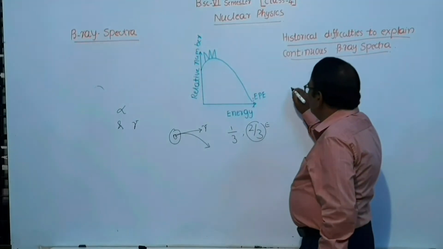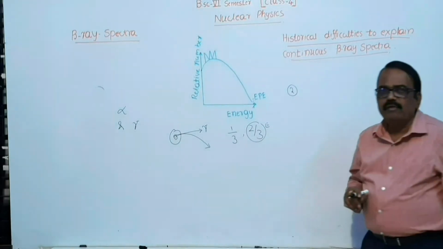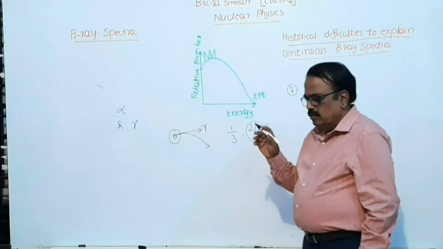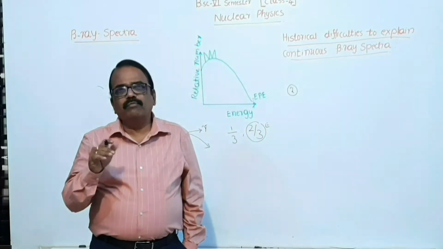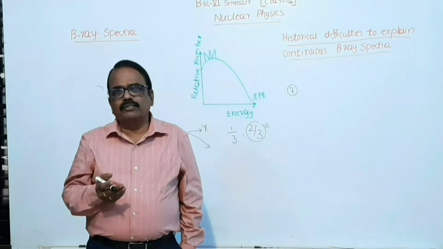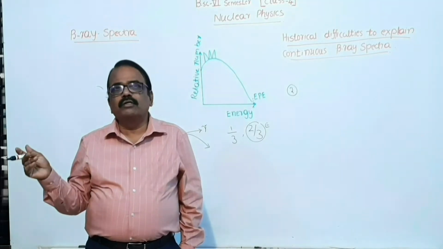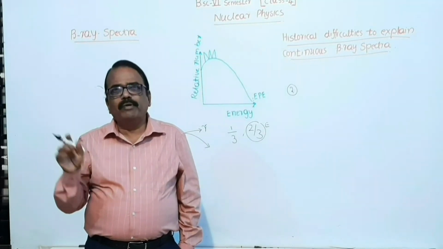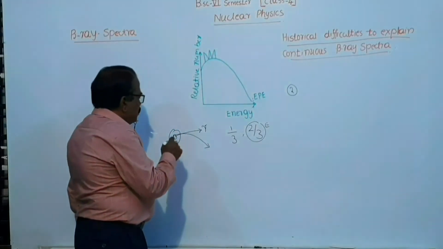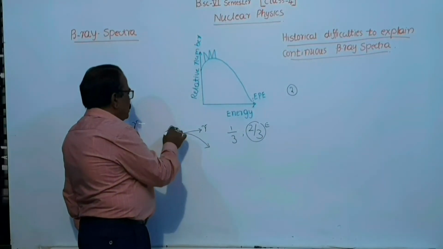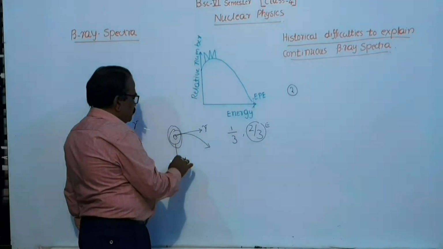Then in some of the radioactive elements, the sum of the linear momenta of the products is not equal to the linear momentum of the reactant. Before emission of the beta particle, this parent nucleus was at rest.